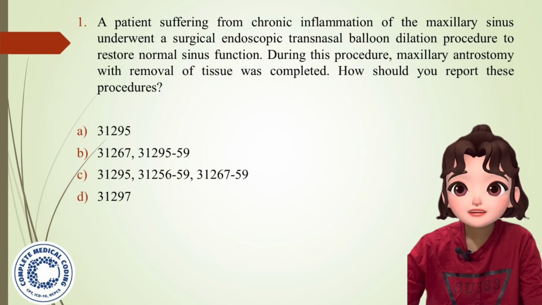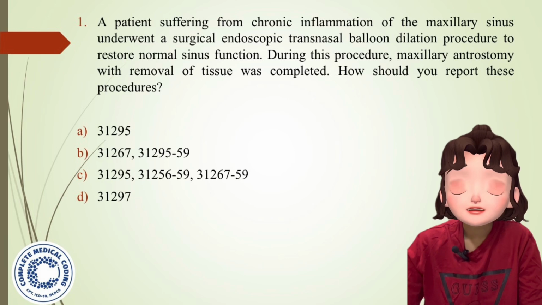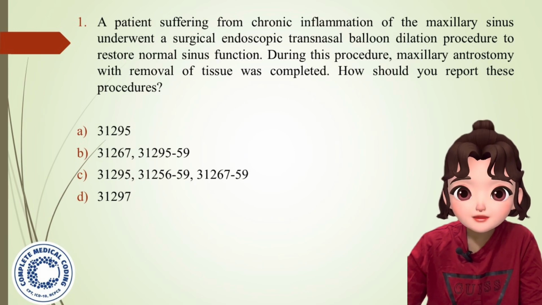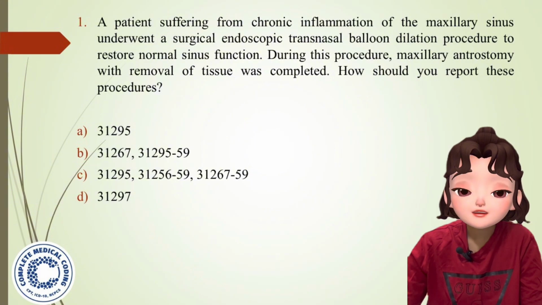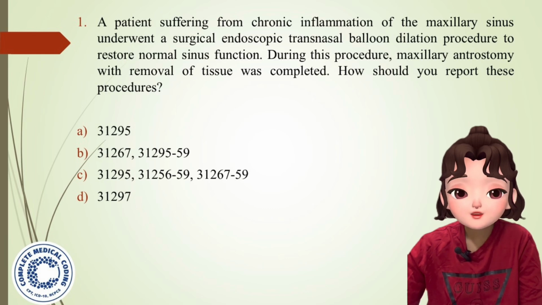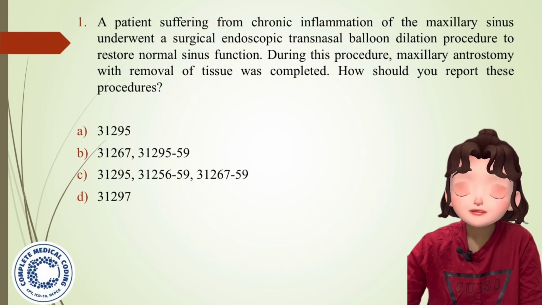The patient underwent a surgical endoscopic transnasal balloon dilation procedure, and during this procedure, one additional procedure is also performed, that is maxillary antrostomy with removal of tissue. So these two services you have to code.